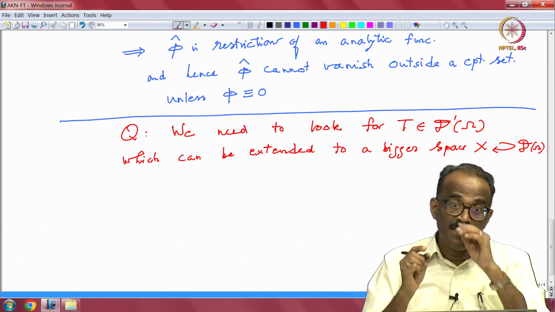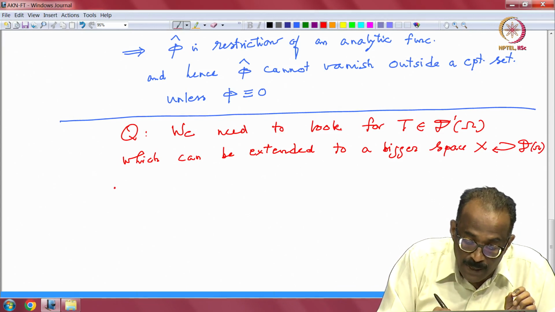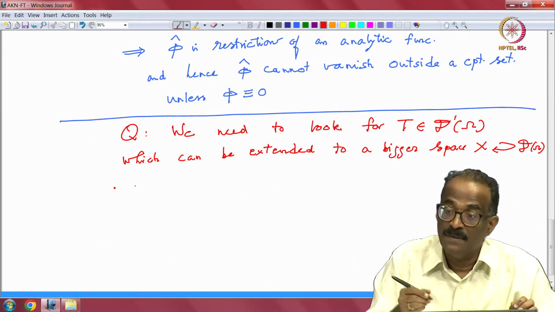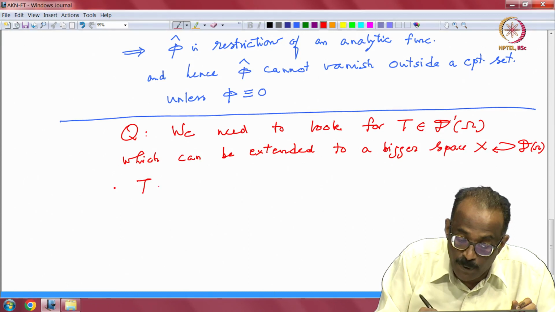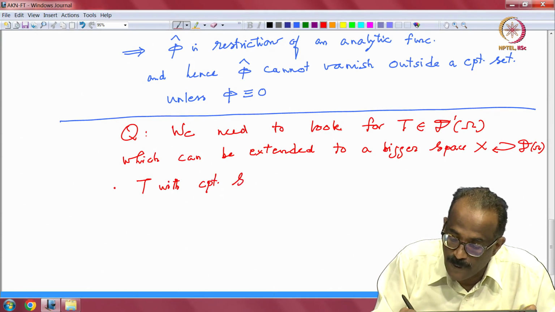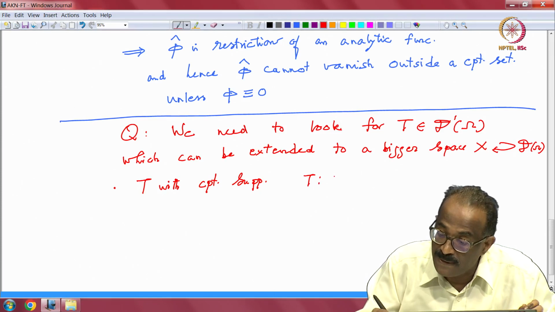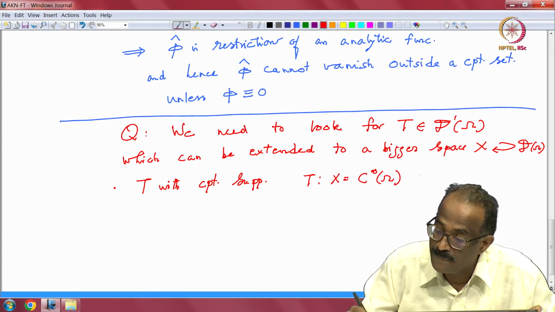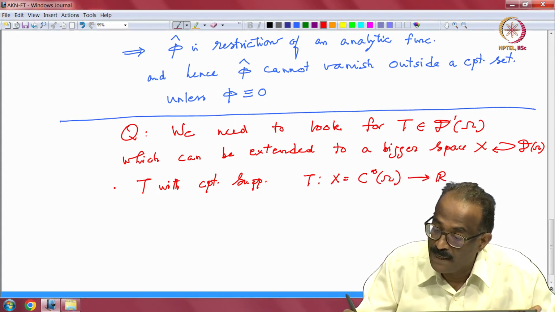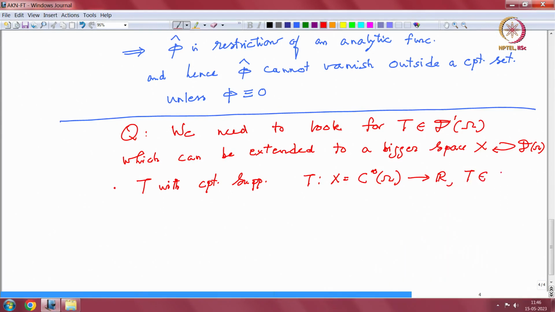Okay. And this process you have already seen. One possibility is T with compact support. In this case T can be extended to X equal to C infinity of omega, and you realize T is in the dual of that space. So all the distributions with compact support can be extended to a bigger space.